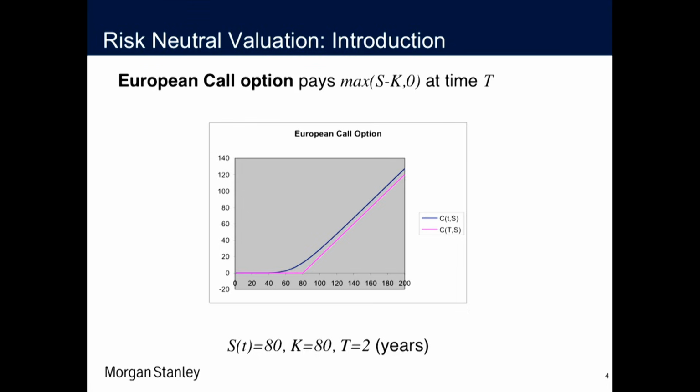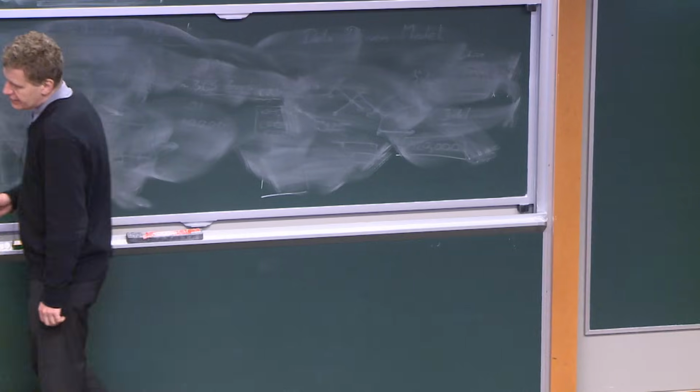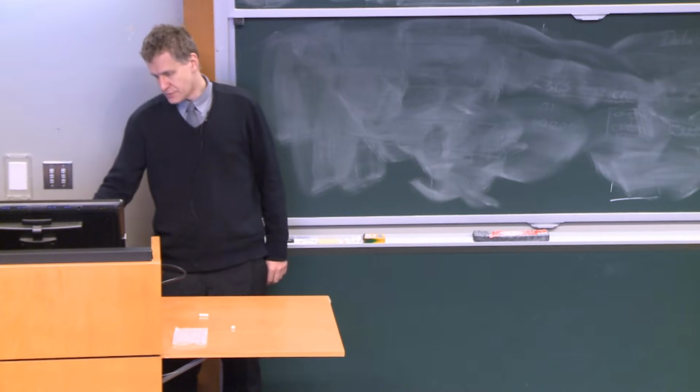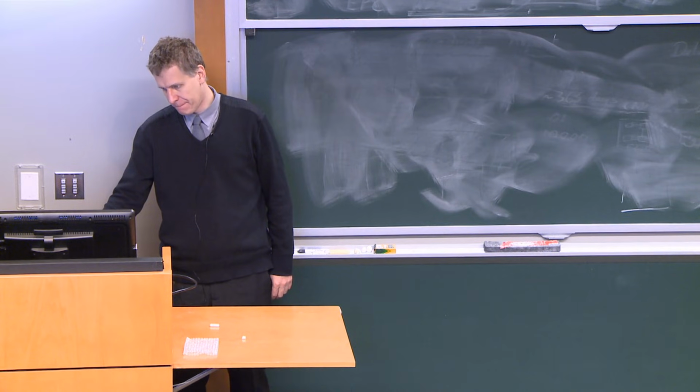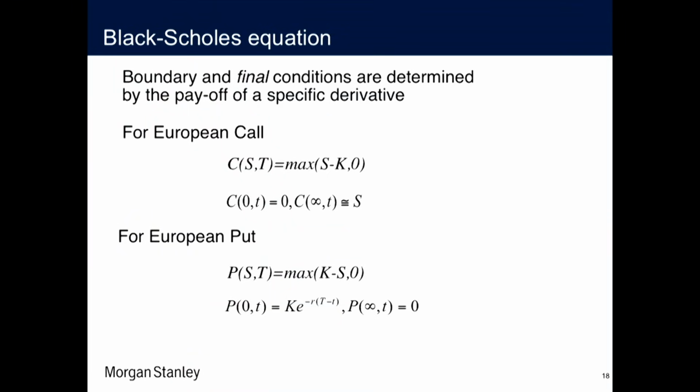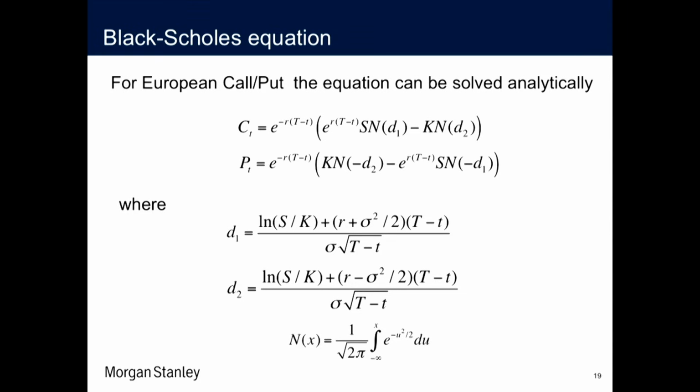So it should be just the discounted S minus K, the discounted payout, right? And similarly for a put. So given these conditions, we can solve the equation.